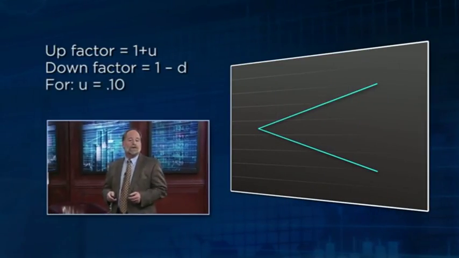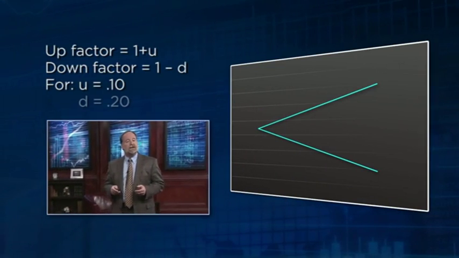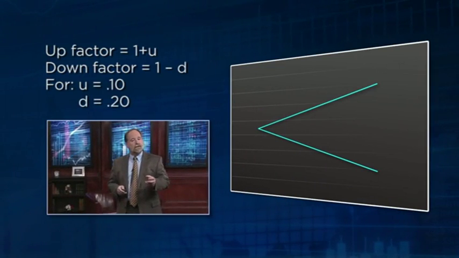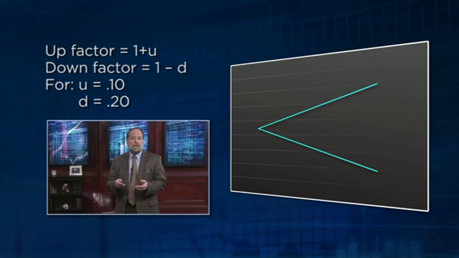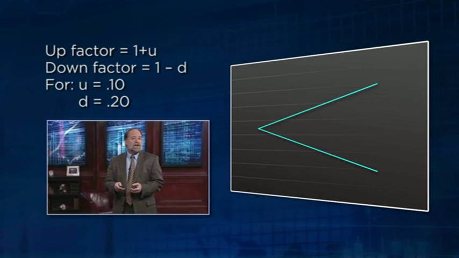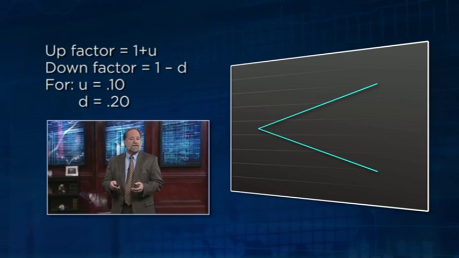Now, given those U's and D's, let's figure out how we would go about pricing the option based upon the binomial formula. For example, let's consider U equals 0.1 or 10% and D equals 0.2, 20%. By the way, I sort of arbitrarily picked these numbers so that the values will work out. They actually don't come from a particular volatility estimate.